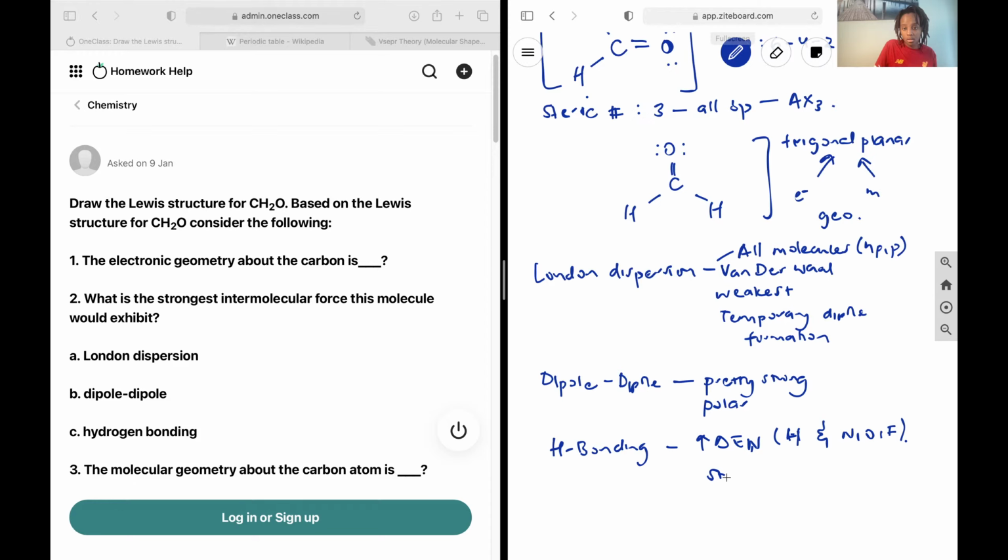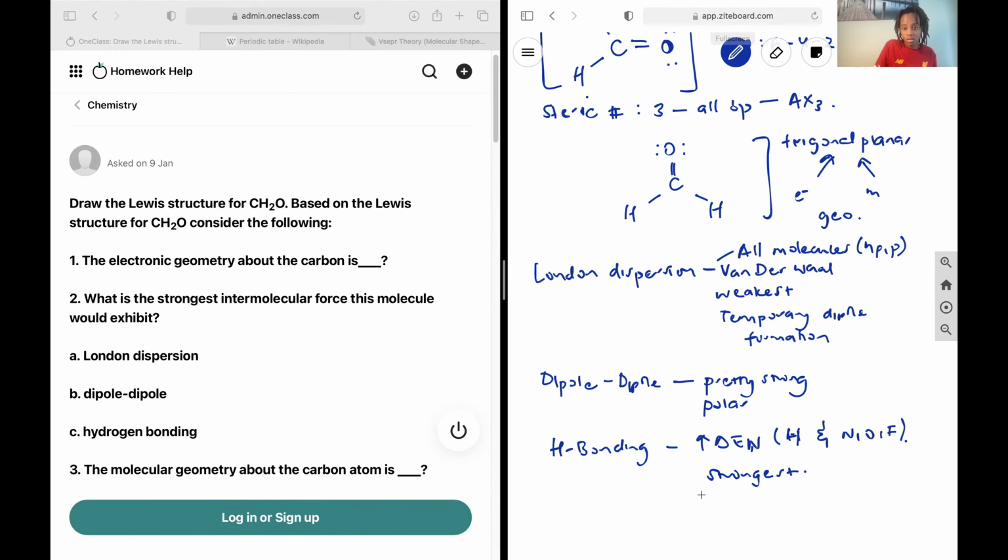And it is the strongest. And that is just caused by, because the difference in electronegativity is so high, the electrons are much closer to the nitrogen, oxygen, or the fluorine, and that gives a very high partial positive charge to the hydrogen and a very high partial negative charge to the oxygen, and that allows it to pull ionic species apart and isolate them.